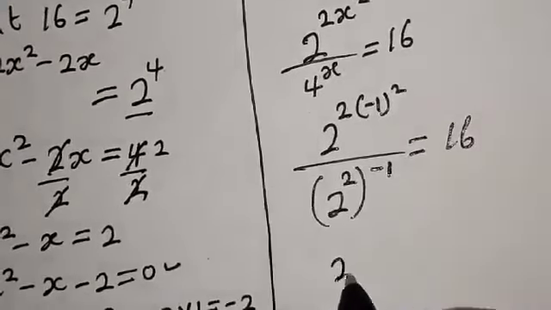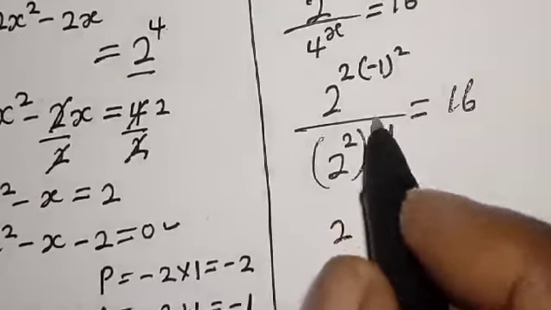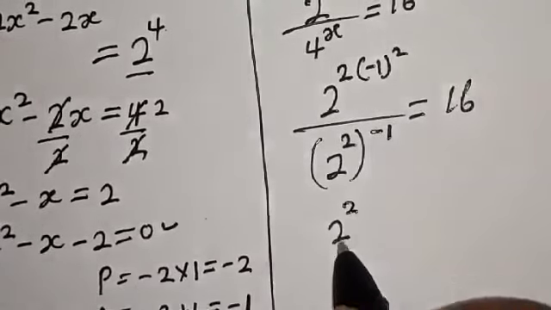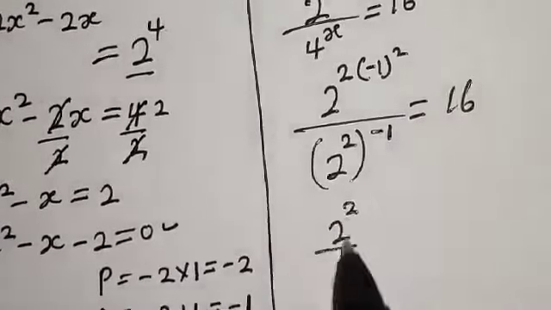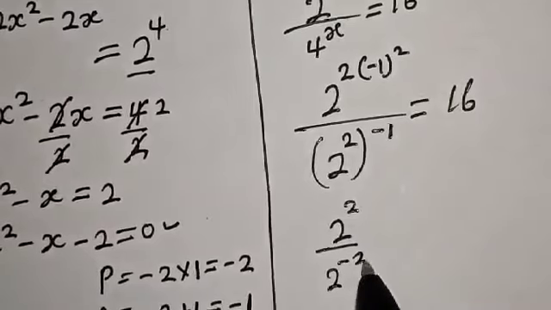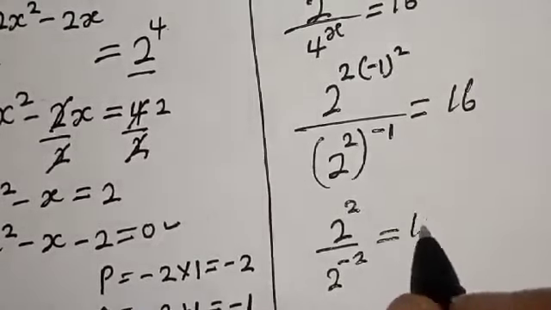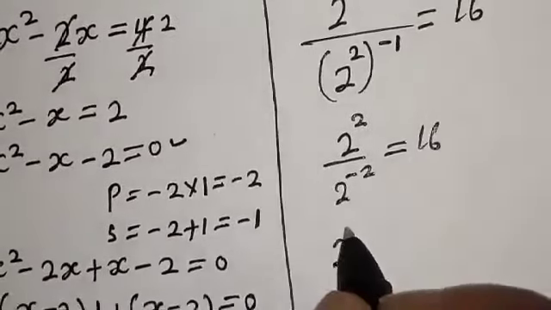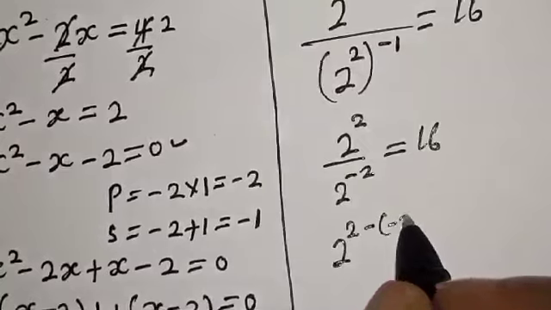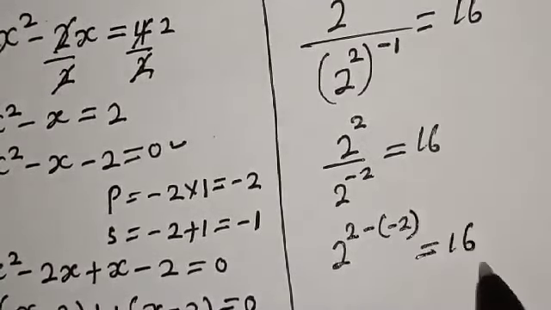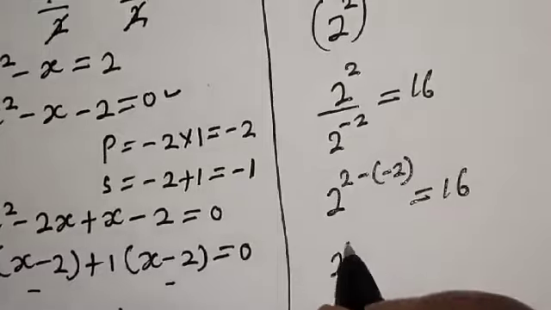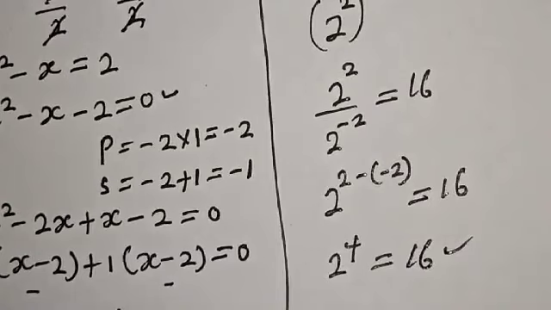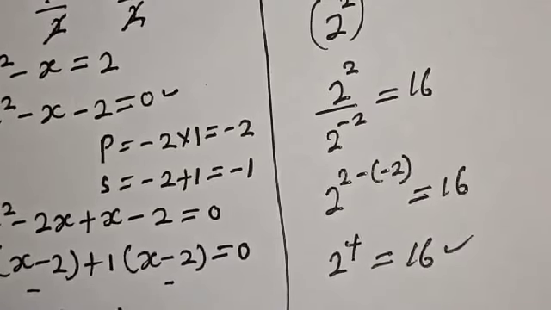And this is 2 raised to power 2 times minus 1 squared, that is 1 times 2, 2, over 2 raised to power minus 2 must be equal to 16. Let's see what will happen. This is 2 raised to power 2 minus minus 2, which is 2 raised to power 4, which is equal to 16, which also satisfies the given equation at s is equal to minus 1.